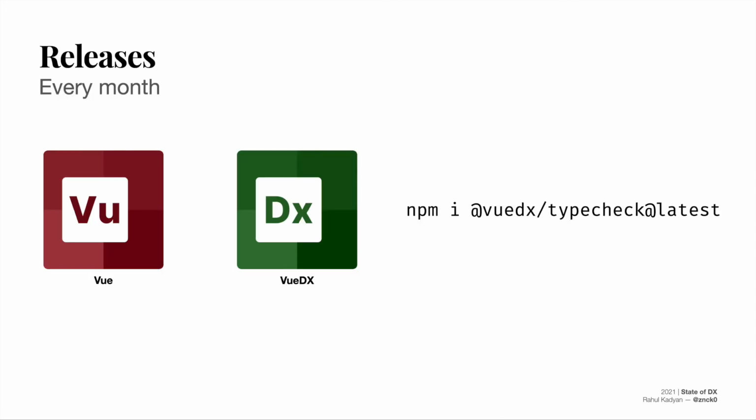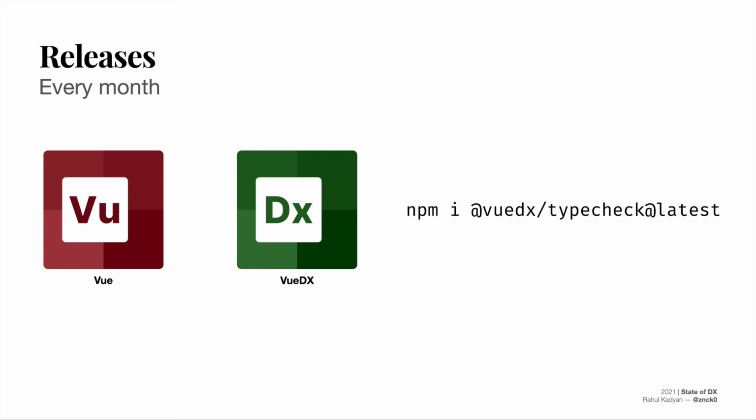Then I try to release a relatively stable version of the extension every month. So you can download these by searching on VS Code Marketplace for Vue or Vue DX. And if you are using TypeCheck or any other packages, you can download the latest packages.